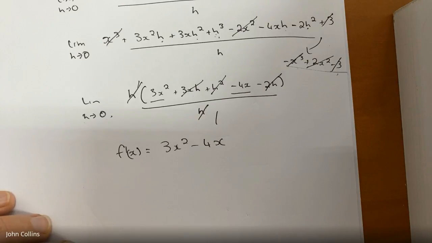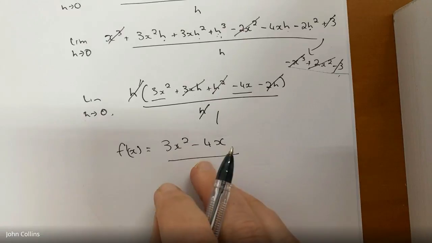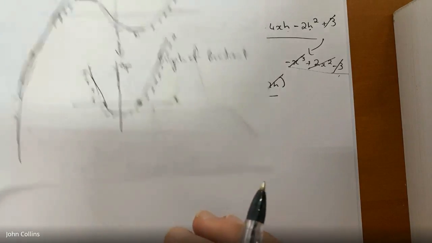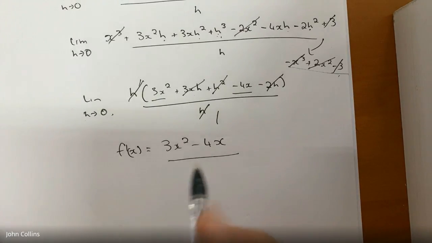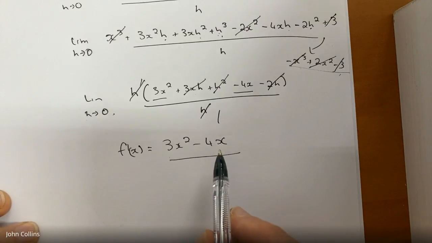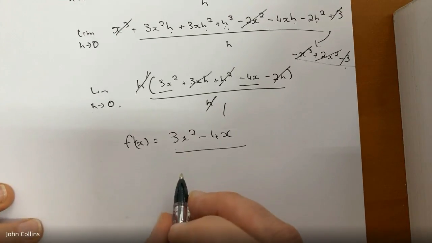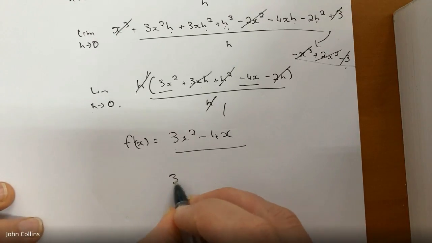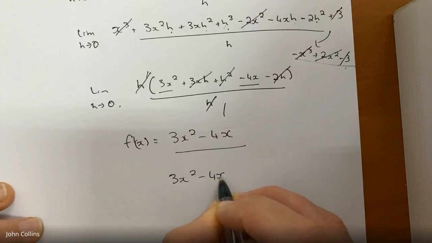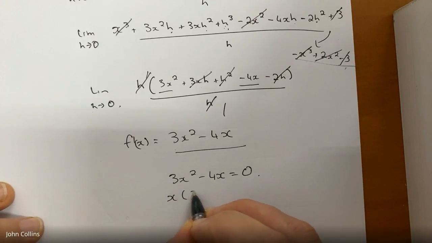Now, I'm not content with that answer. I'm still thinking about this graph. First of all, it is a positive quadratic, so that's good news. I can factor this, can't I? If I let it equal to 0, I'm going to factorize a little bit so I can solve it.